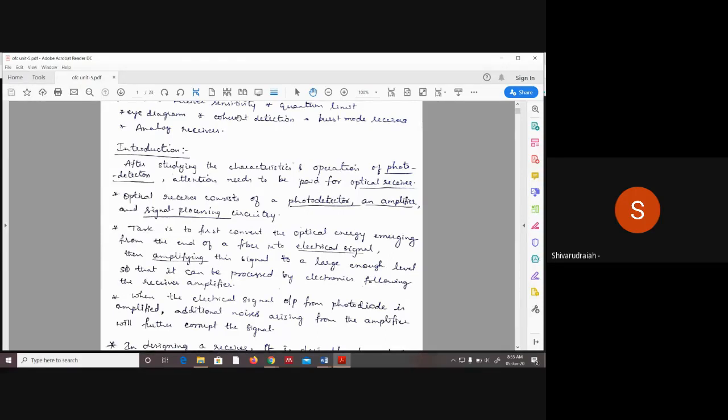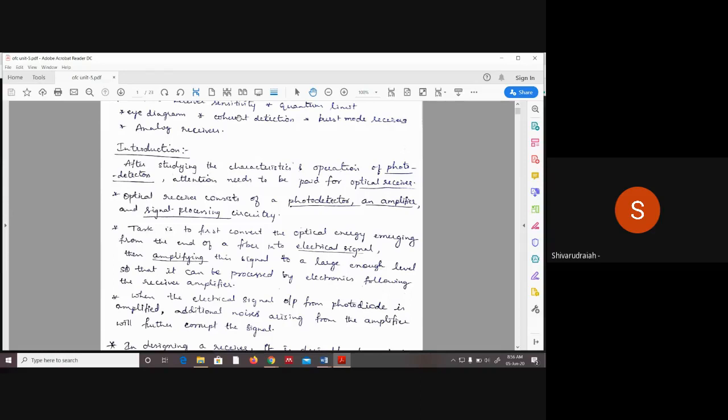Because while sending the information at the transmitter side, the original information was usually in the electrical form. Any information is converted into electrical form, and that electrical signal is passed on to your laser or LED source. Those sources convert your electrical information into optical information, and that optical information is transmitted for a certain distance using the optical fiber.